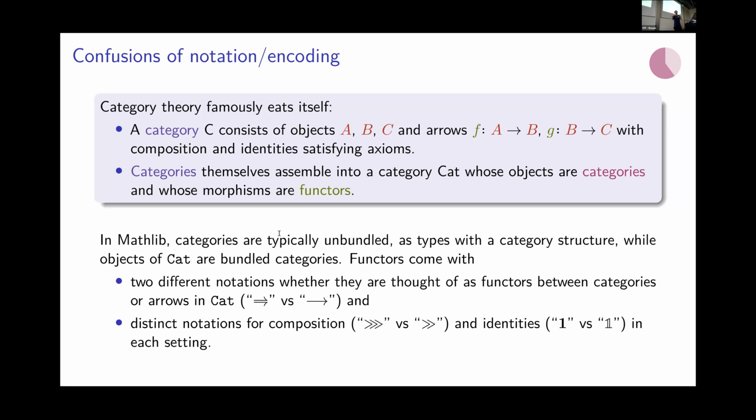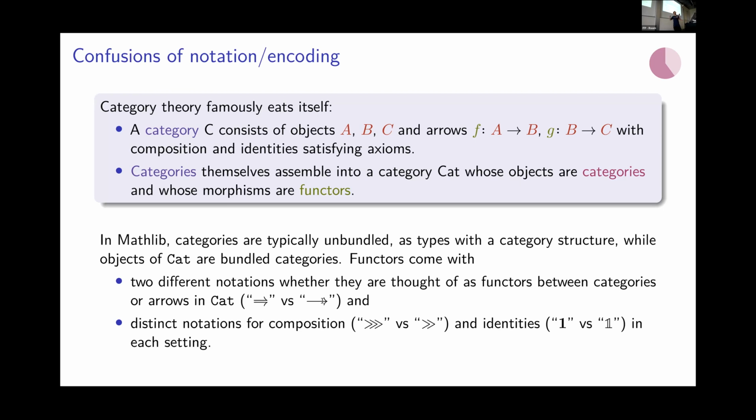If you have a functor, it's both a functor and also a hom in the category of categories. Those have two different operators. If you want to describe a functor, in Mathlib you need to use this funny double arrow. If you want a hom in the category of categories, you need the single arrow.